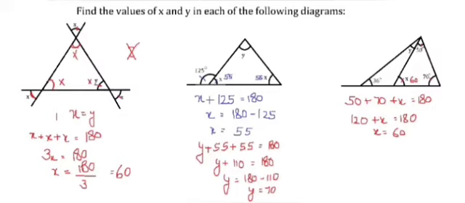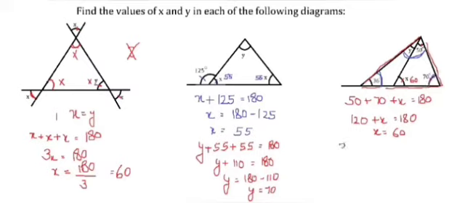So we can see here in this big triangle, the sum of all the angles of a triangle is 180. So here 36 plus y plus 50 plus 70 will be equal to 180.